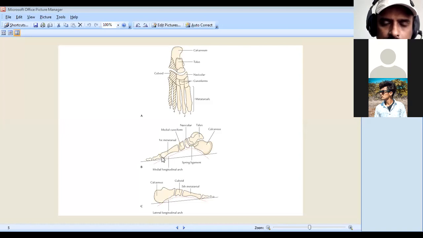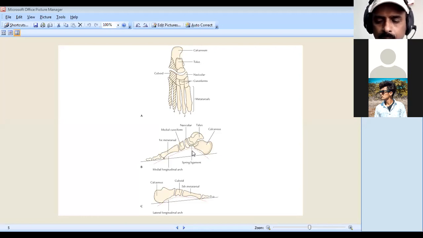The anterior transverse arch is complete because the heads of the first and fifth metatarsals touch the ground, whereas posteriorly only the lateral part of the sole touches and the medial part is not touching the ground, so the posterior transverse arch is incomplete. You have to remember that.